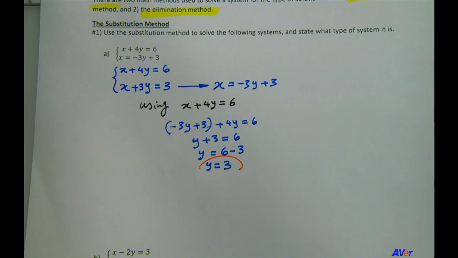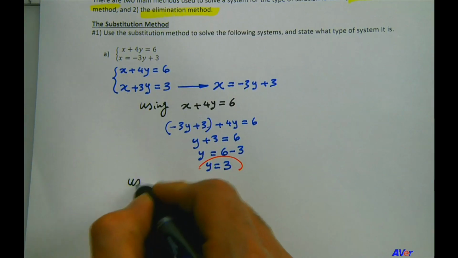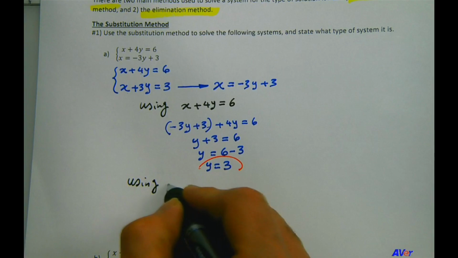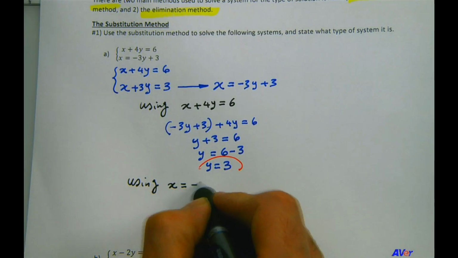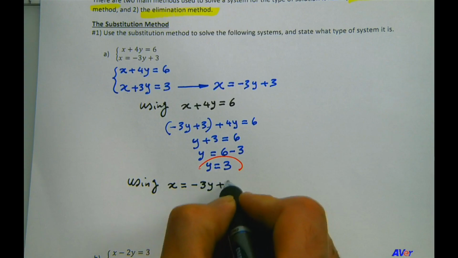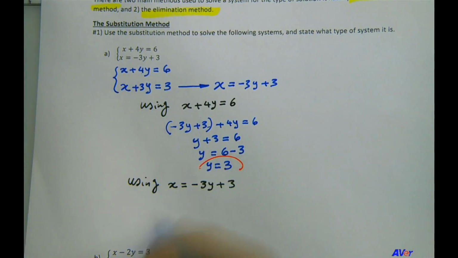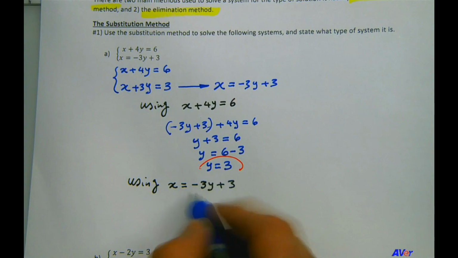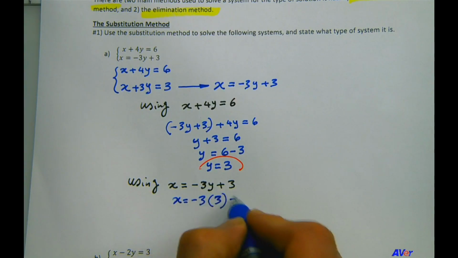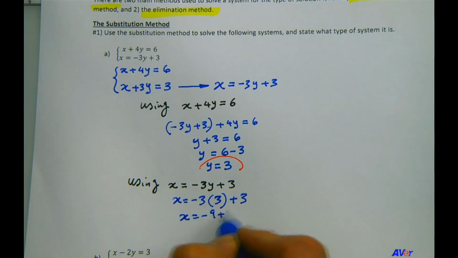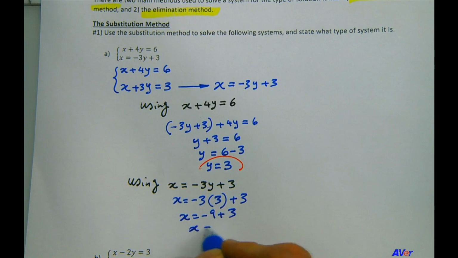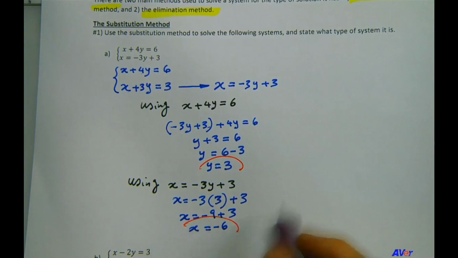So now using x equals, once again, minus 3y plus 3, substitute for y with 3. So x equals minus 3 times 3 plus 3. And this is minus 9 plus 3. So x equals minus 6. Okay? So this is the x component.